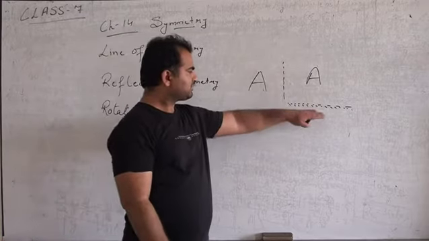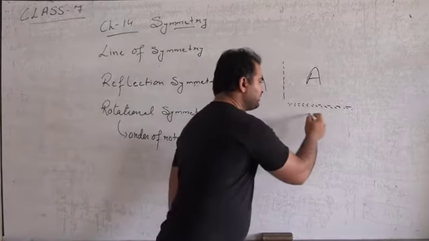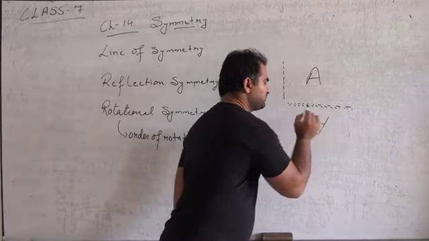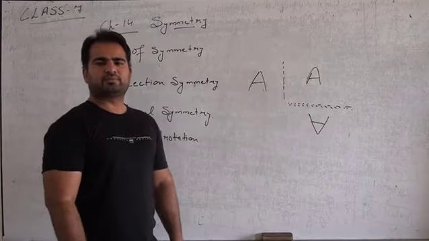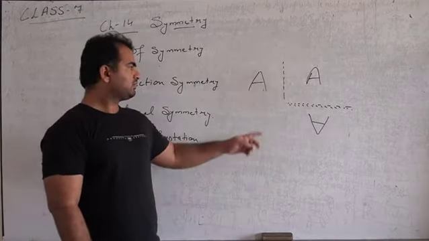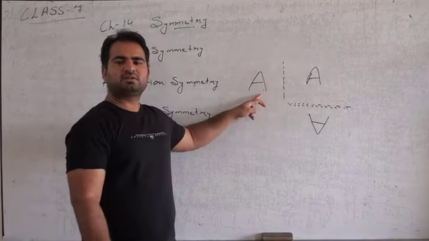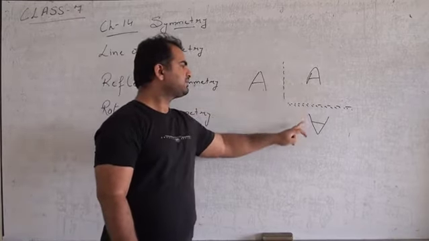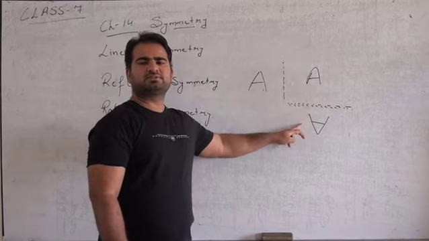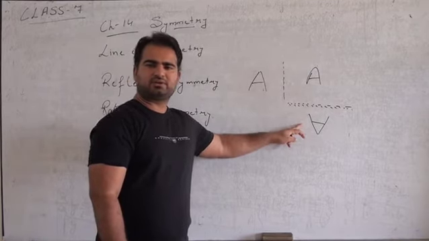But what about horizontal symmetry? It will be like this, and which is not equal. So A possesses vertical reflection symmetry. It doesn't possess horizontal reflection symmetry. Done?